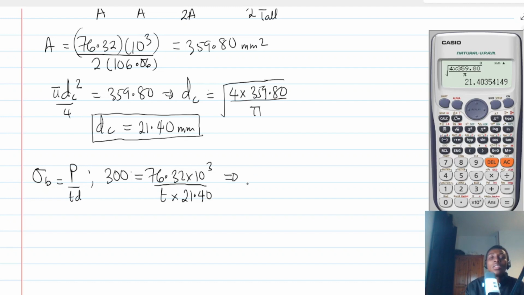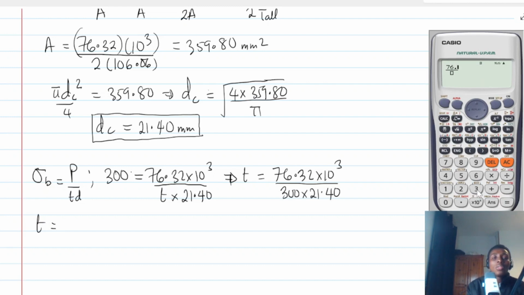Solving for the thickness, we have 76.32 into 10 to the power 3 divided by 300 into 21.40. Therefore, our thickness t is what?